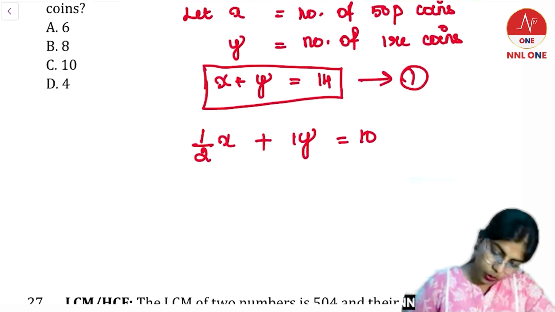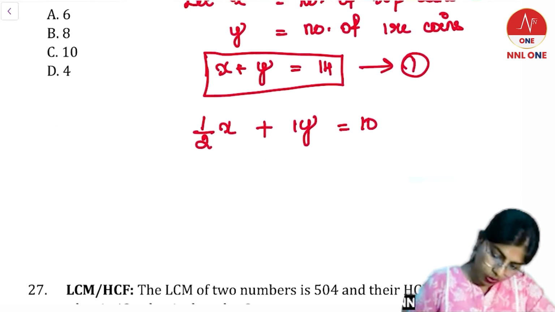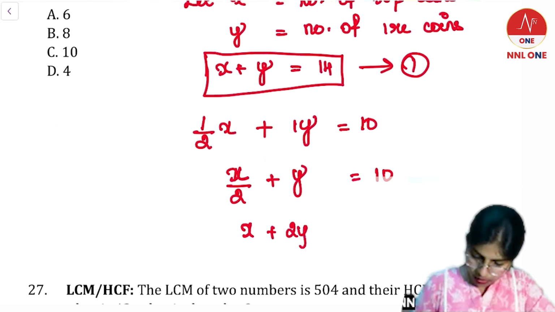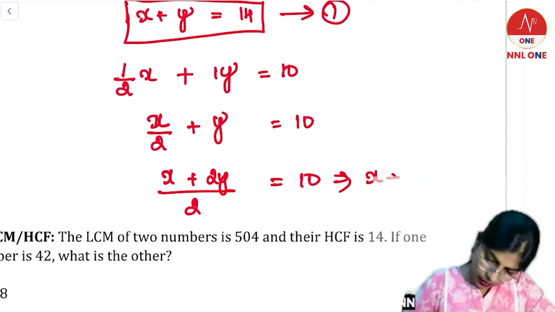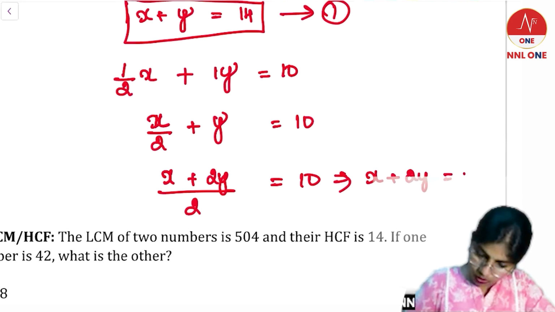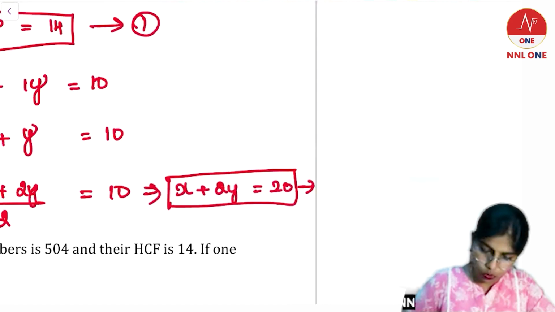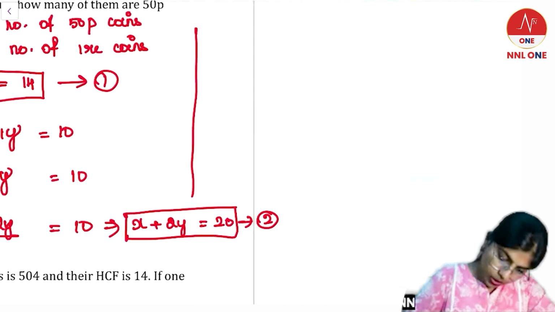So now we equate: x by 2 plus y is equal to 10. Simplifying, cross multiplying by 2, x plus 2y is equal to 20. So this is equation 2. Equating equation 1 and 2.